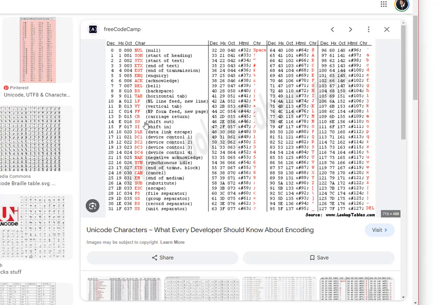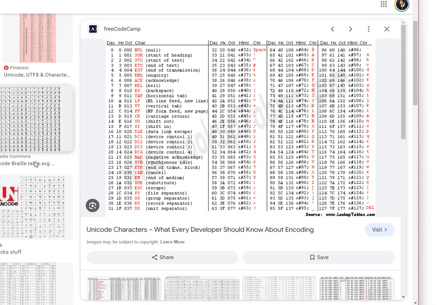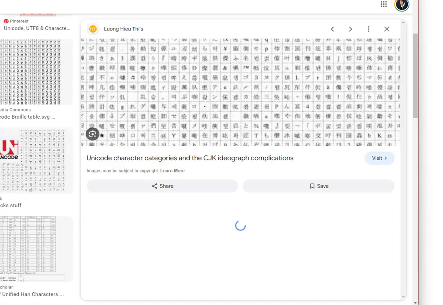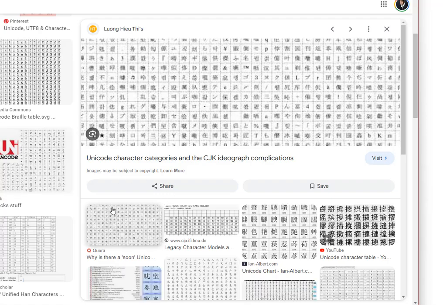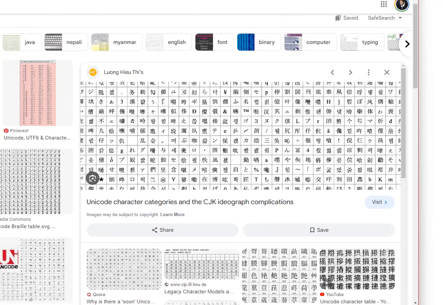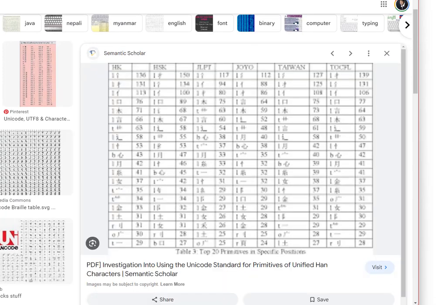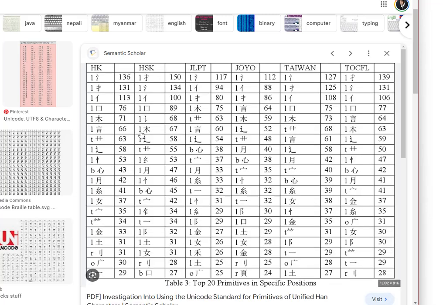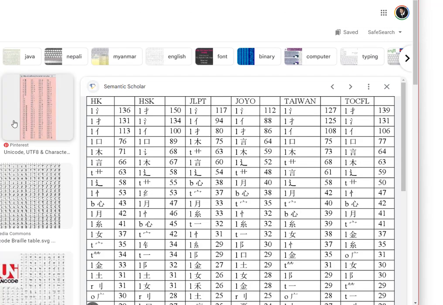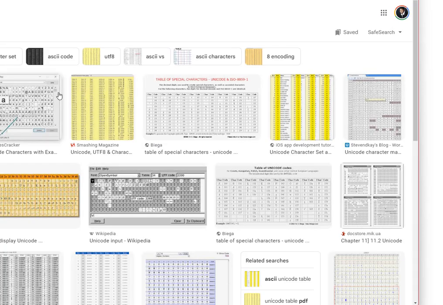I'm just trying to find one small example.